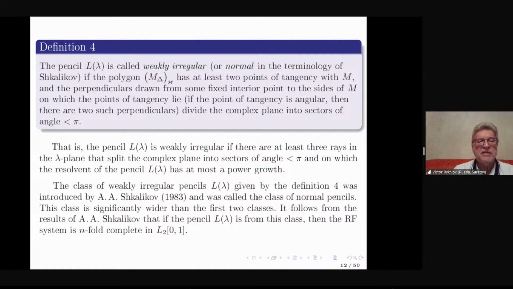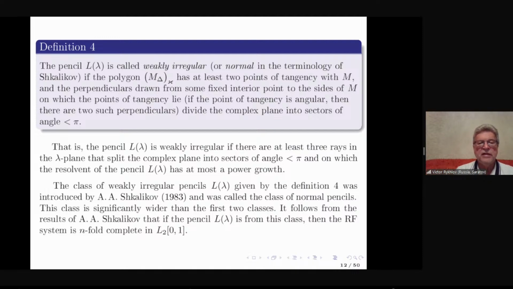That is, the pencil L of lambda is weakly irregular if there are at least 3 rays in the lambda plane that split the complex plane into sectors of angle less than pi, and on which the resolvent of the pencil L of lambda has at most a power growth.